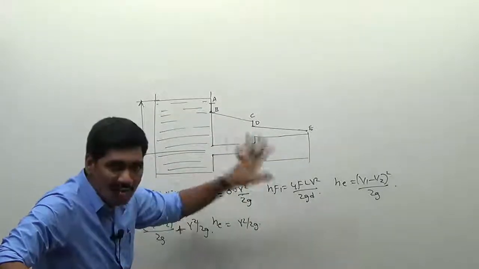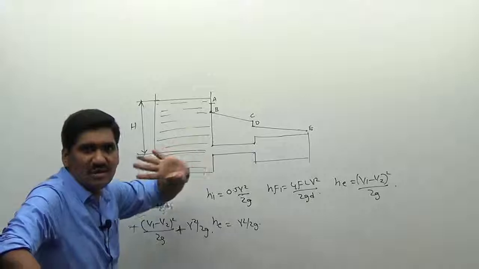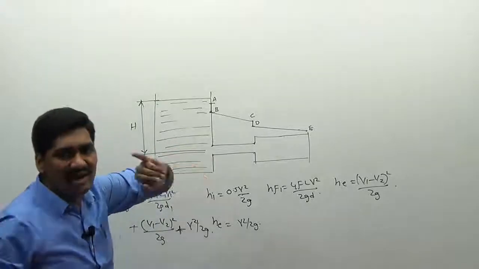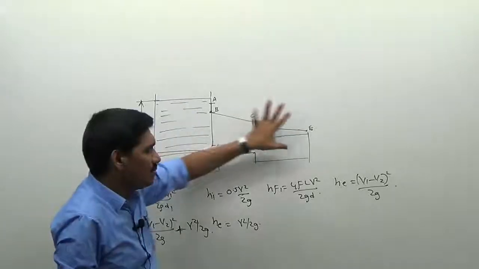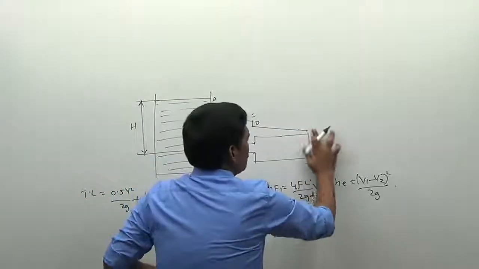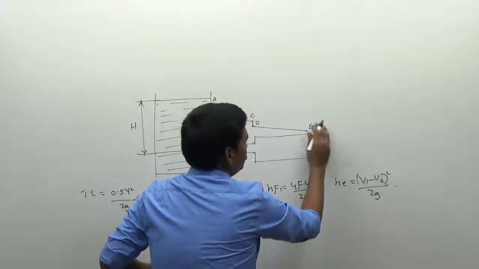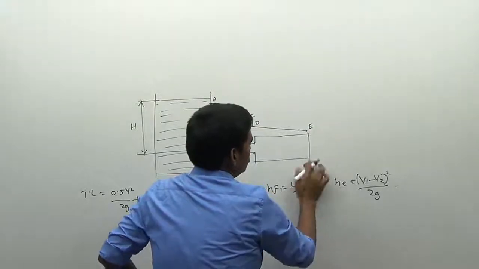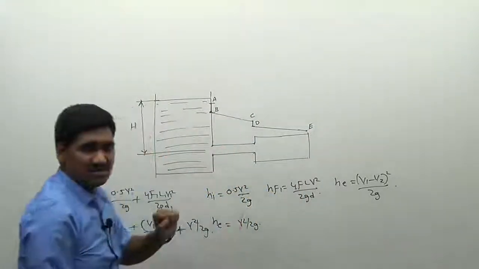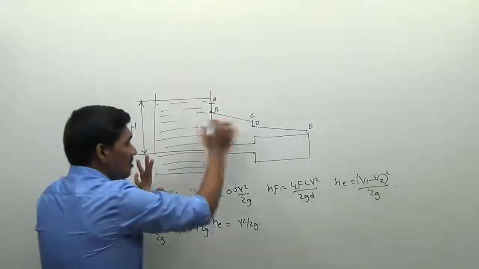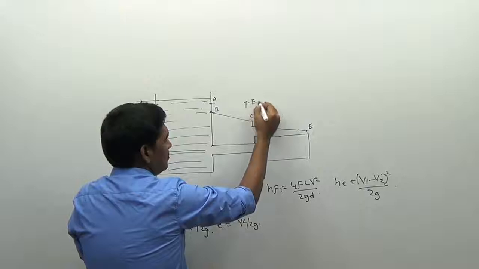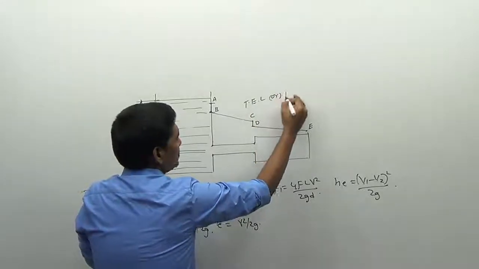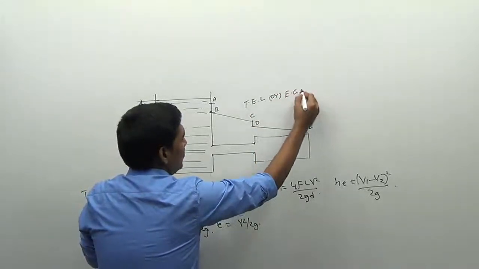All these points are total heads at the corresponding sections. The total head is nothing but pressure head, datum head, and kinetic head. If you add all three heads, you will get this value here, the point E. Now this total line is called the total energy line, or the energy gradient line.